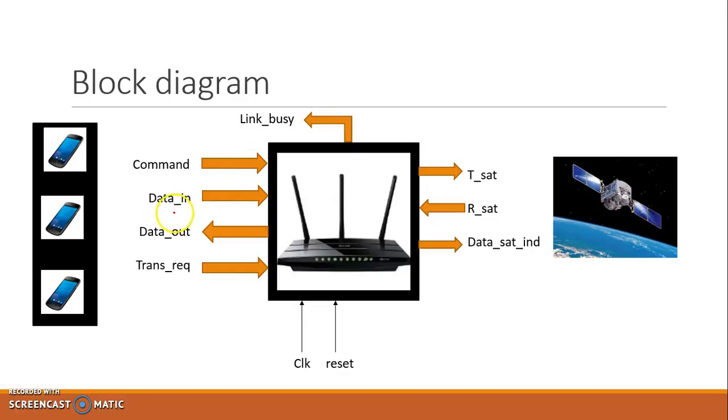Link busy is a signal which indicates that a transaction is going on between one of the devices and the smart hub. The output signals are T satellite, which indicates that the smart hub is sending data to the satellite, and R sat indicates that the data is received from the satellite to the smart hub. The data satellite indicator indicates that some transaction is going on between the smart hub and the satellite.